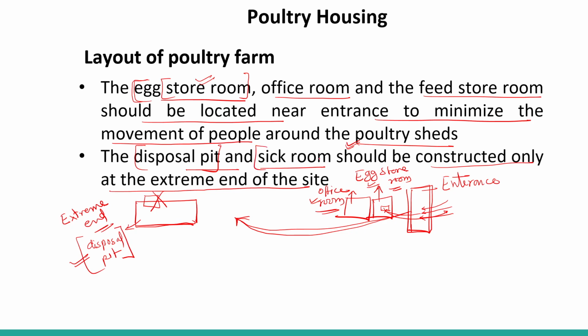And there should be a sick room also, to take care of any sick birds. So what should be at the entrance and what should be at the extreme end, that should be followed in the layout of a poultry farm, right?